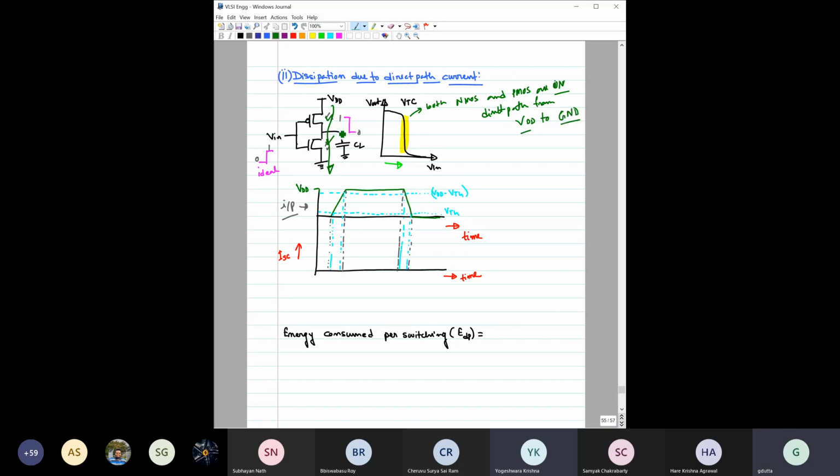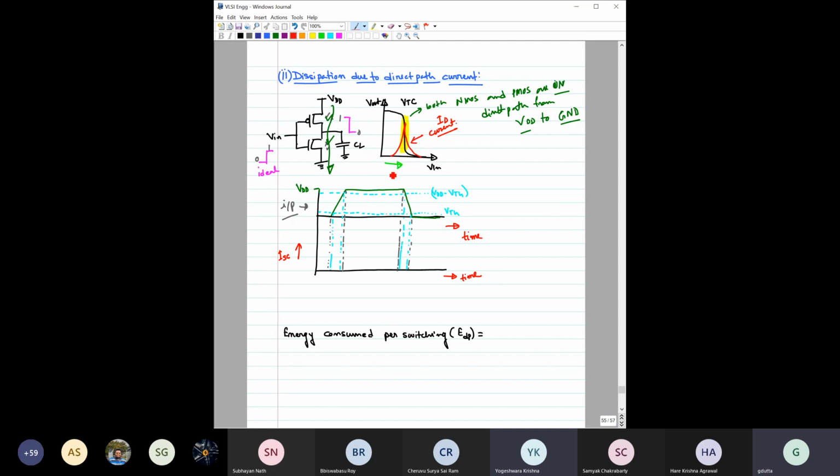Through this direct path, you will have some current. We have discussed that earlier in different contexts. This is the drain current that would flow, and it would look like this.